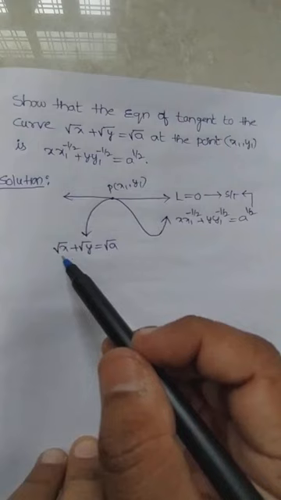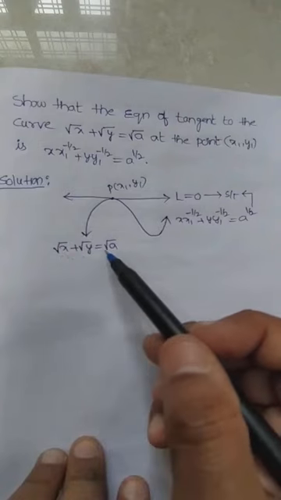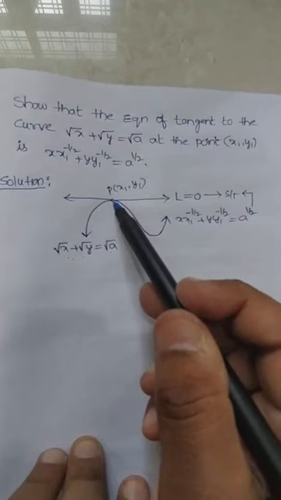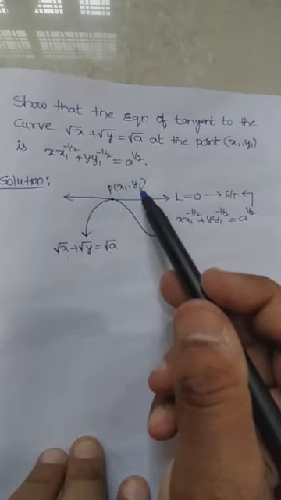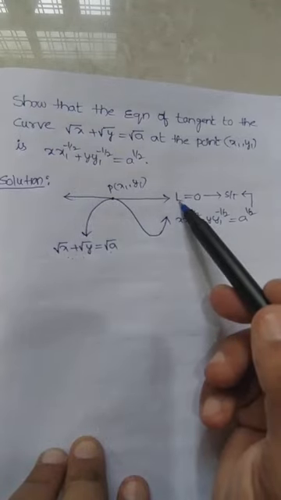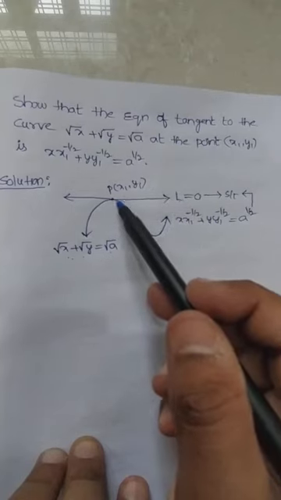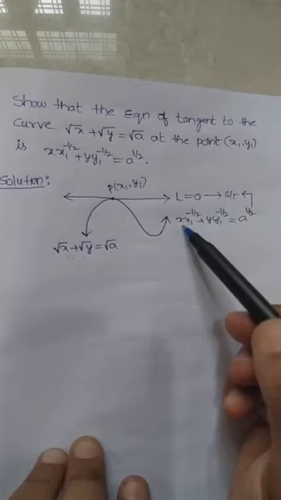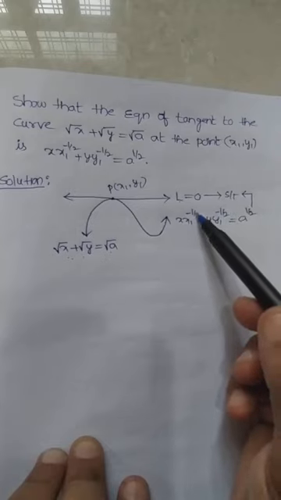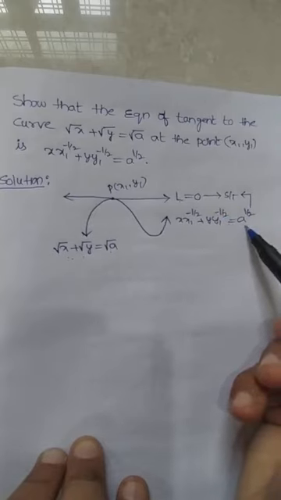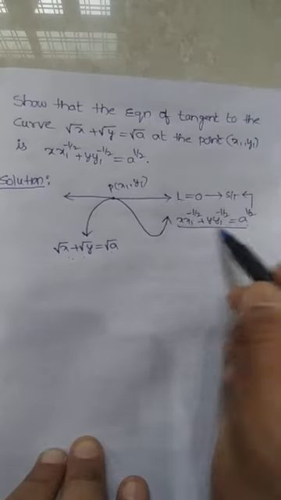This is our curve. What is our curve? Root x plus root y is equal to root a. Let us say I am taking any point on the curve, P of x1 comma y1. Suppose this is the tangent line, L is equal to 0, drawn at this point to the given curve. We have to show that it has x1 whole power minus 1 by 2 plus y1 whole power minus 1 by 2 is equal to a power 1 by 2.